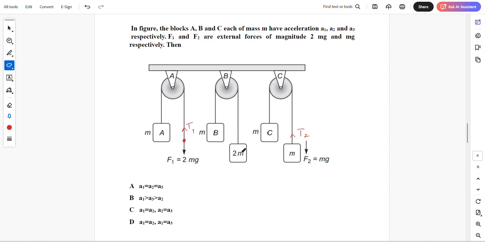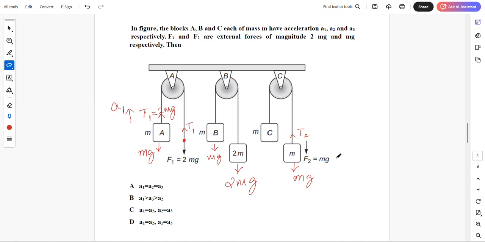Now again this will be mg and this will be 2mg, and this force will be mg and this force will be mg. If this is T1, same string is same, therefore this will be also T1 itself. That is equal to 2mg.